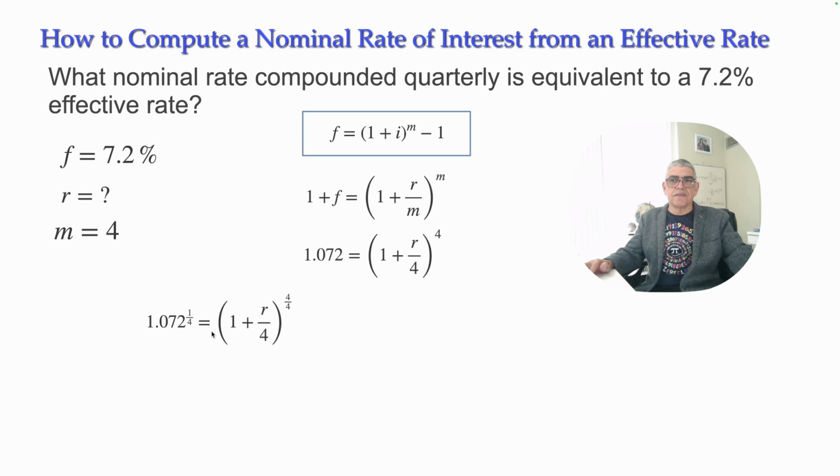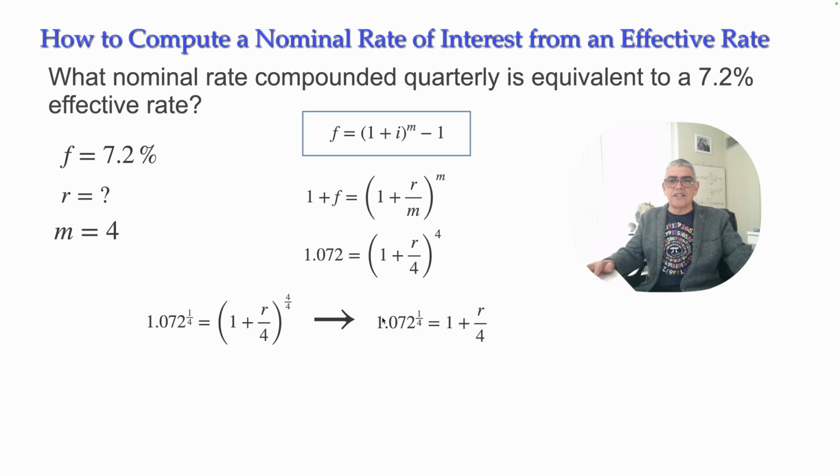So you divide the exponent on both sides by the same number, and obviously you divide by 4 in order to eliminate this exponent. The exponent will be 1, and you don't need to write it. So it will be 1.072 to the power 1 over 4 equals 1 plus R over 4.